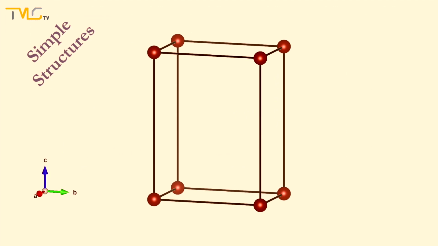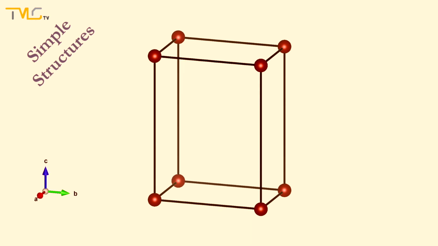Up until now, the crystal systems that we have investigated had the simple structures. In simple structures, 8 atoms are placed at the 8 corners of the cell, and 1/8 of each atom is inside the cell. Let's take a look at the simple structure in 3-dimensional space.